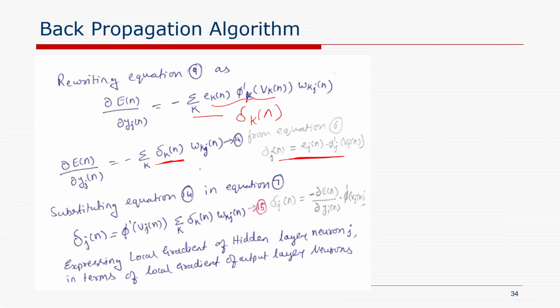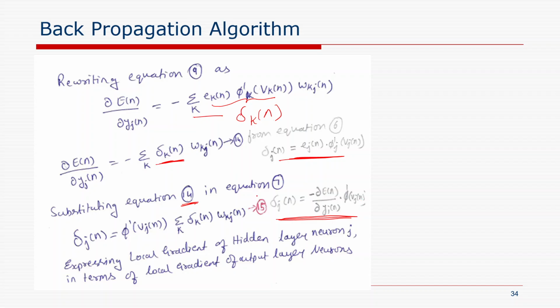And now we are here. Now substituting the equation 14 in equation 7. Equation 7 was this equation, delta j of n and minus differentiation of E of n with yj of n, and then phi dash of vj of n.